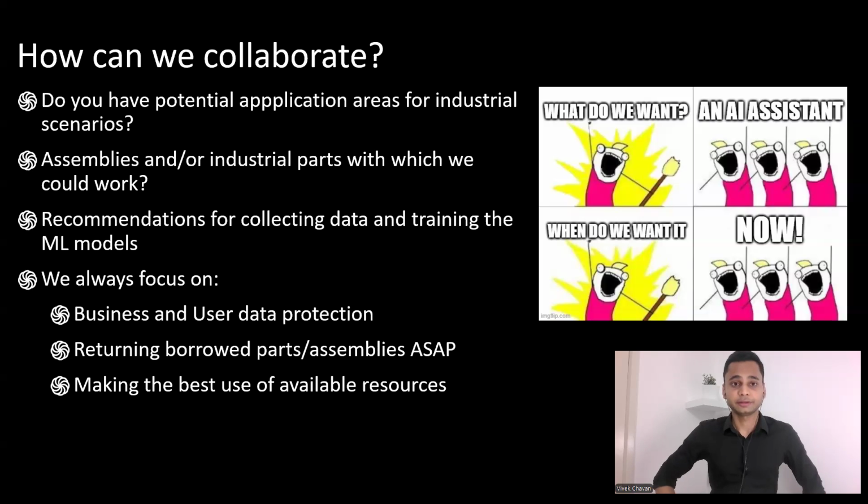Why am I talking about this, and how can we take this further? We are looking for different application scenarios and in particular, new areas of application which we can explore.